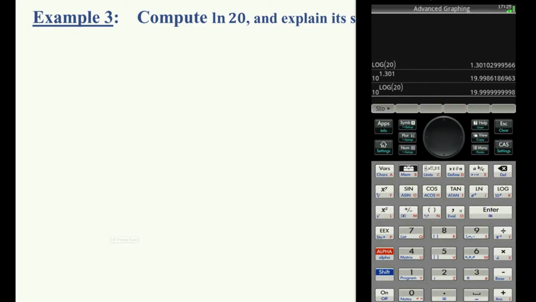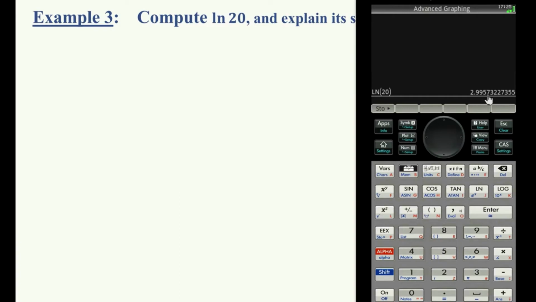All right, here we're computing the natural logarithm of 20, or the ln of 20. And of course, log base e is an irrational number to begin with, so we definitely will utilize the help of a calculator for this. So we'll go ahead and type in ln of 20, and that's the number we get approximately.